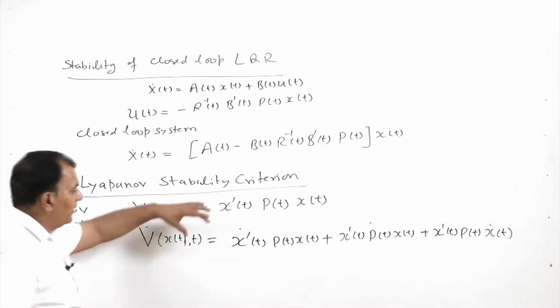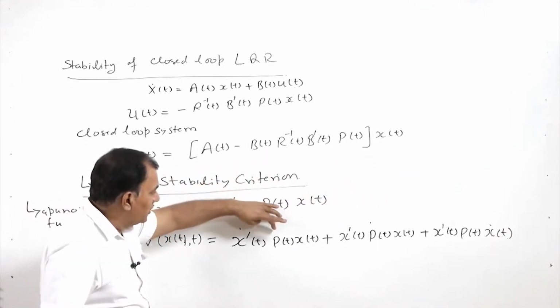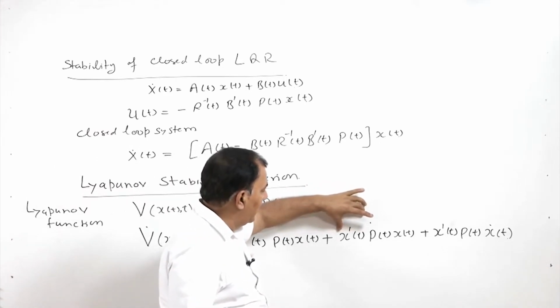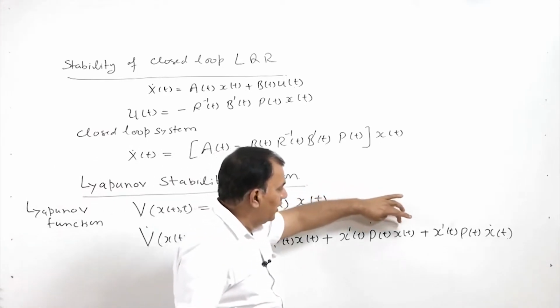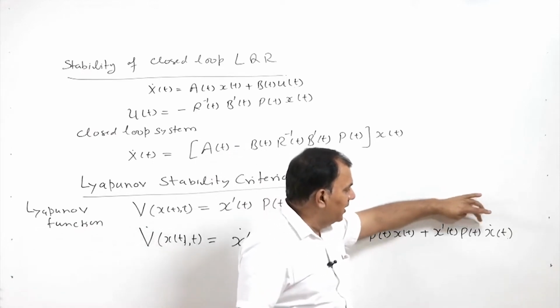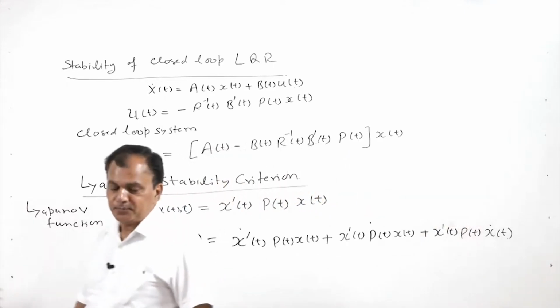So, this V dot will have 3 terms. First is x dot P(t) x(t), second is x transpose P dot(t) x(t), and the third term is x transpose(t) P(t) x dot of t.